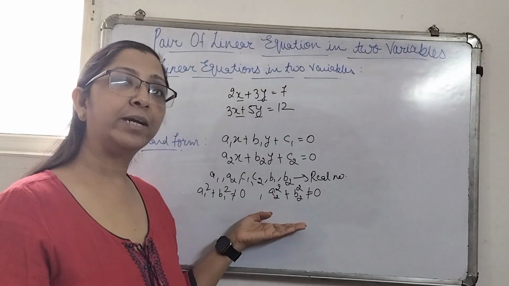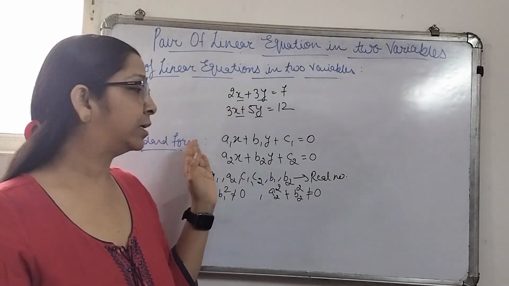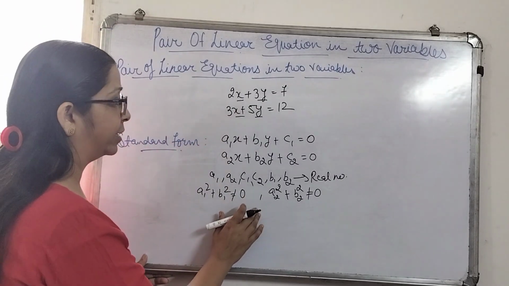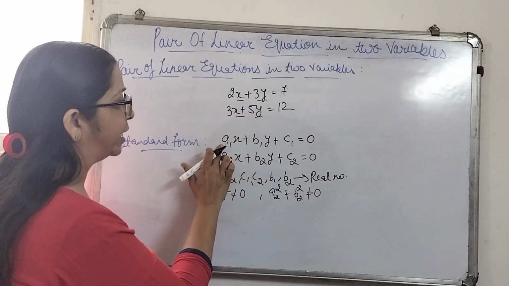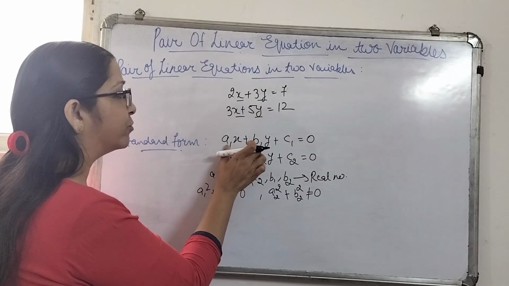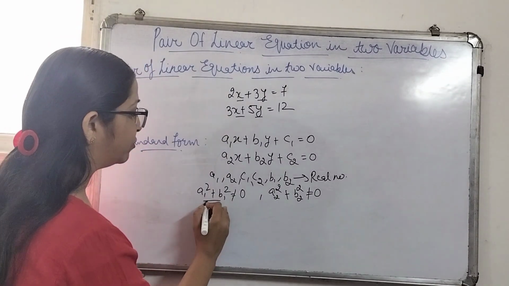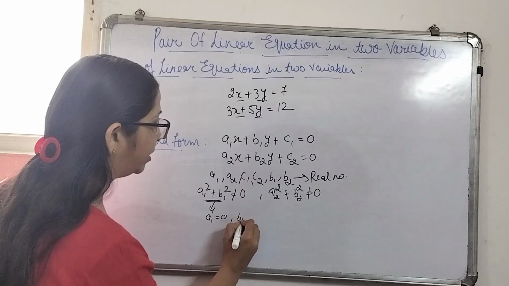By this condition we are ensuring that these make a linear equation in two variables. We are taking this condition because we are ensuring that either a1 or b1, at least one of the two, has a non-zero value, because this condition would fail only if a1 is 0 and b1 is 0.